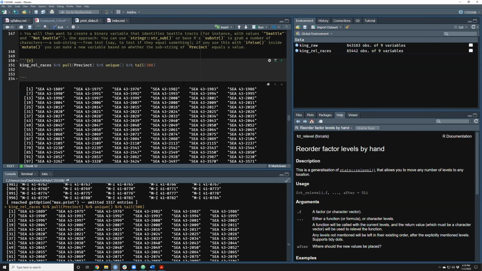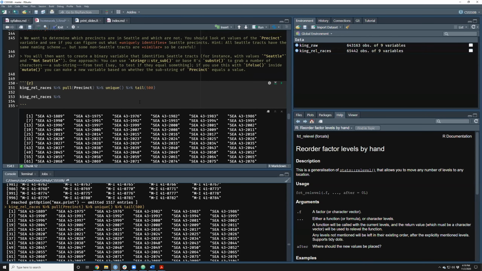It'll create a new variable, like you could mutate something, create a new variable that says if a value within the precinct column contains the string SEA, then it should be labeled Seattle in this new variable column. If not, then it'll be not Seattle.